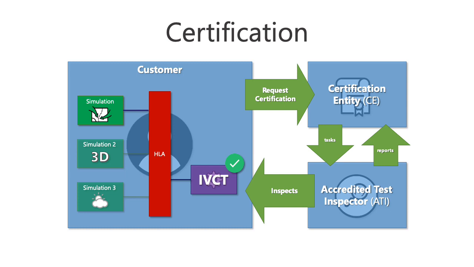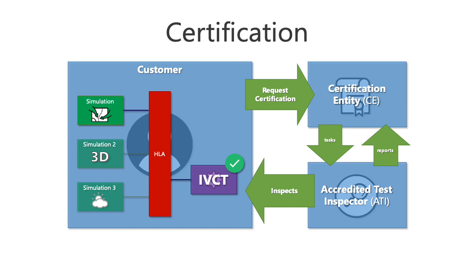Then the test inspector will come to your already established testing environment and inspect it, which means: are you using the right software version? Are you using the accredited test cases? And then you run the IVCT together with the test inspector, and the test inspector collects the test results, reports back to the certification entity, and the certification entity then will issue the certificate to you.